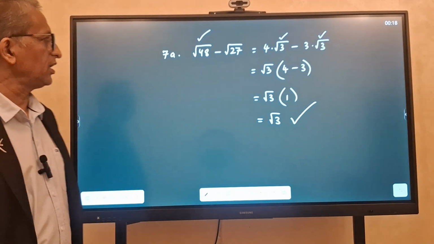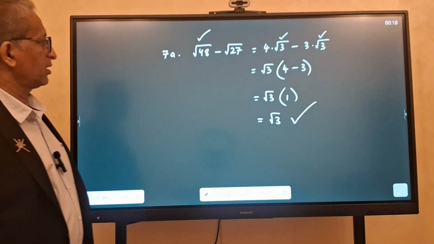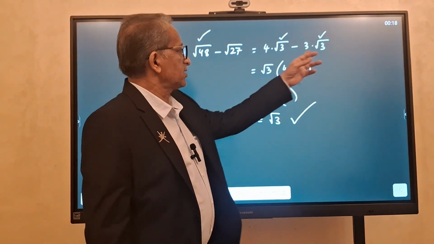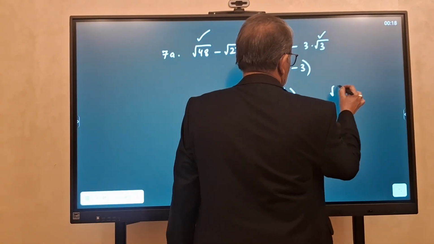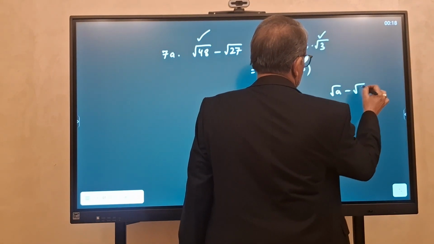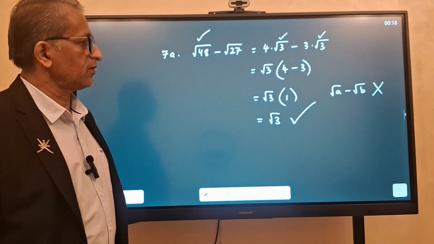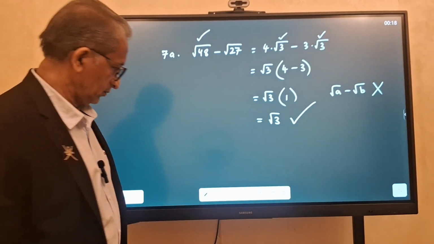So this is how we subtract these two radicals. But remember, we do the subtraction only when you have the same radicals. So that means if I give you this minus this, you can't subtract because they are different radicals. That is, the bases are different.